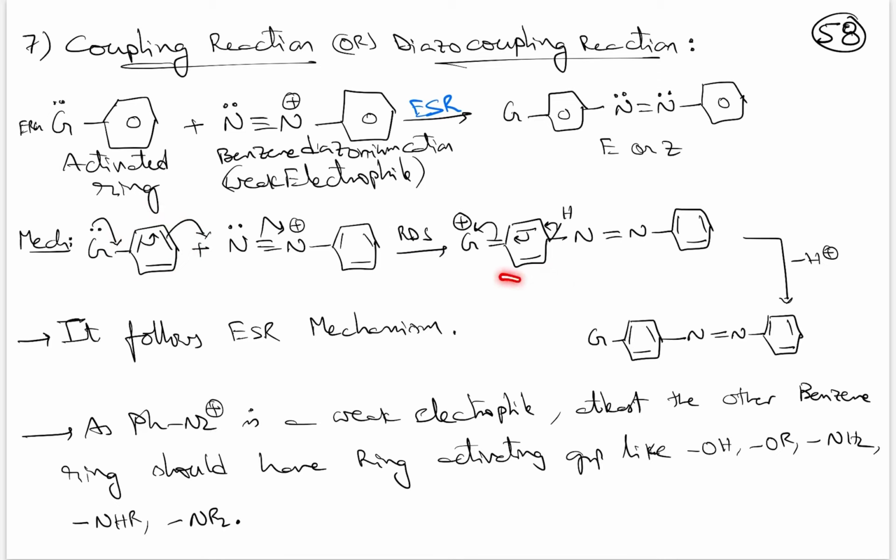Then after the intermediate is formed, the pi bond will be shifting back, so there will be reformation of the benzene ring by removal of H plus ion. So as PhN2 plus is a weak electrophile, at least there should be an electron releasing group. If there is no electron releasing group, the reaction becomes very difficult. RDS becomes much more difficult.